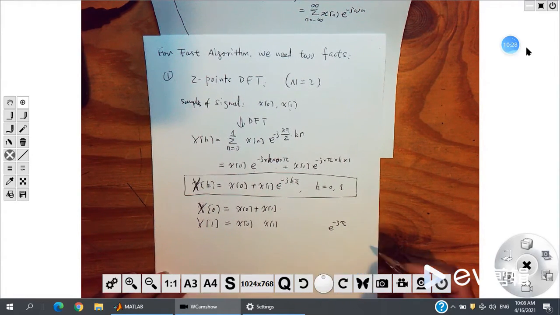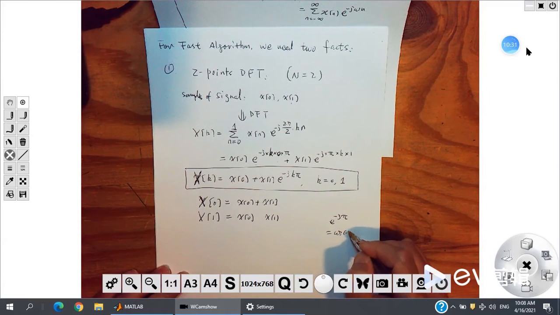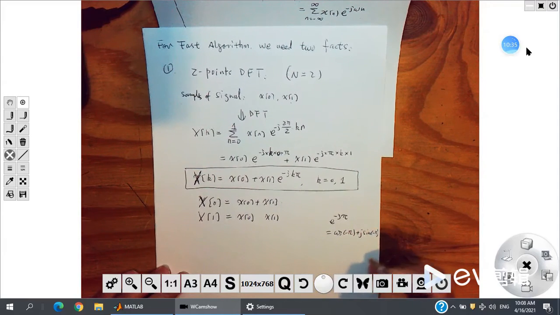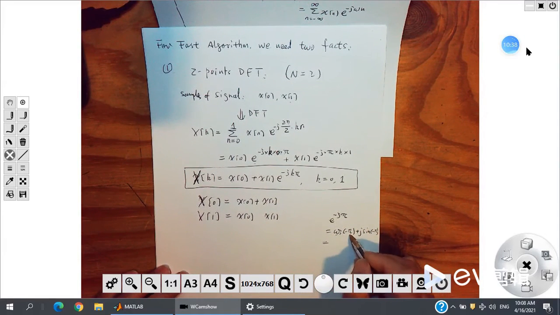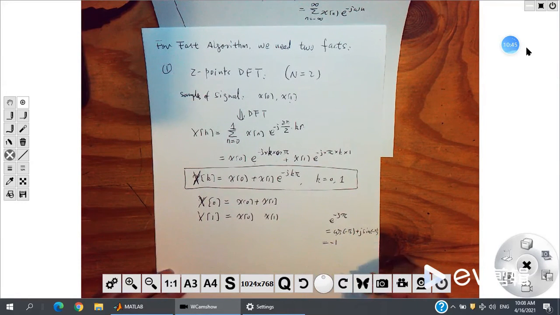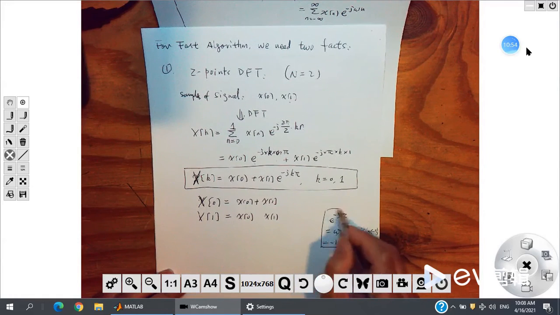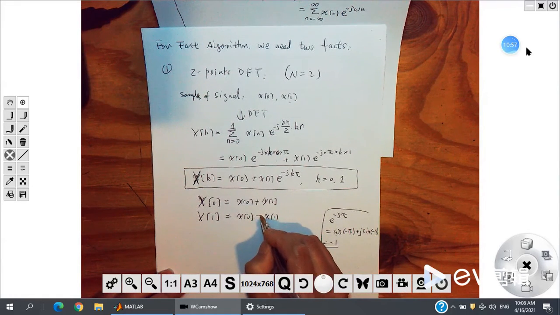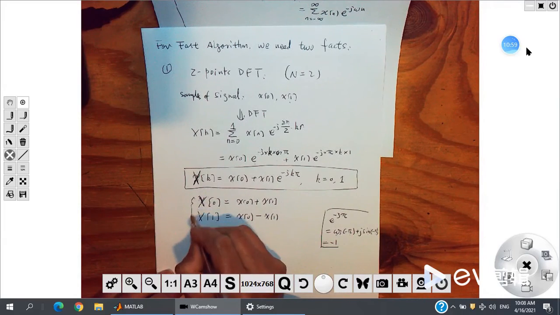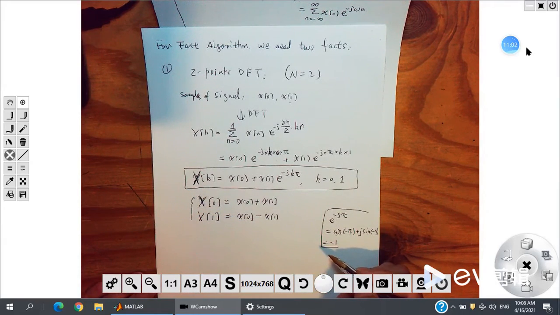What is it? This is cosine of negative pi plus j sine of negative pi. Cosine of negative pi is negative 1, the same as cosine pi, and j times sine negative pi is 0, so it is just negative 1. So here it is just minus.